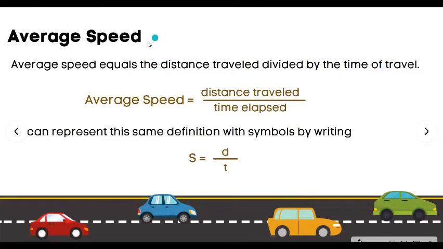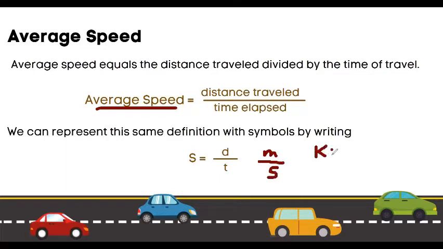So we can say that the average speed is equal to the total distance or the total length it traveled over the time elapsed. We can represent this using the symbol S for speed equal to D, the distance, over time. Okay, so the SI unit that we can use here is meter per second. It can also be kilometer per hour or vice versa.